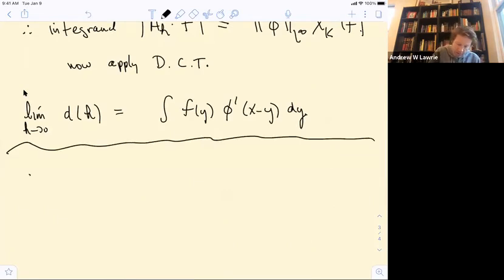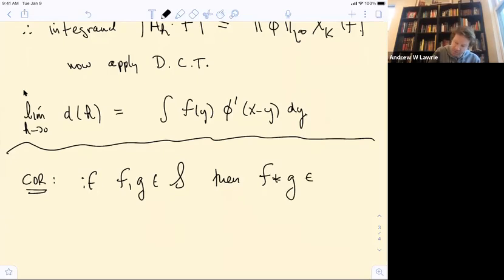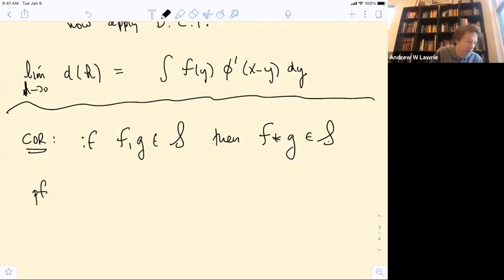Okay, and so a corollary of this is that if I take f and g Schwartz functions, then f convolved with g is a Schwartz function. Proof.